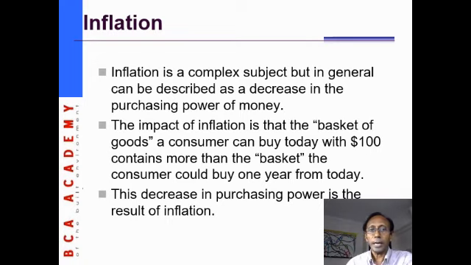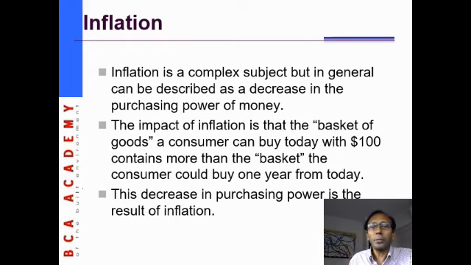The next aspect is inflation. Inflation, in fact, is a very complex subject. Okay, it also has an impact on the demand and supply of commodities. In general, you can say inflation is the decrease in purchasing power.